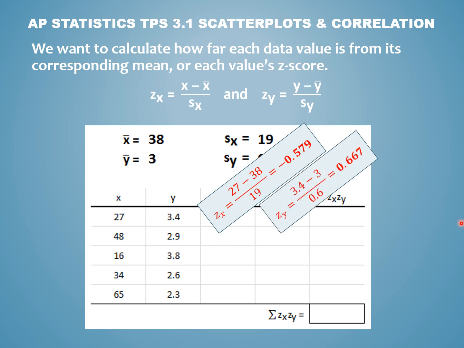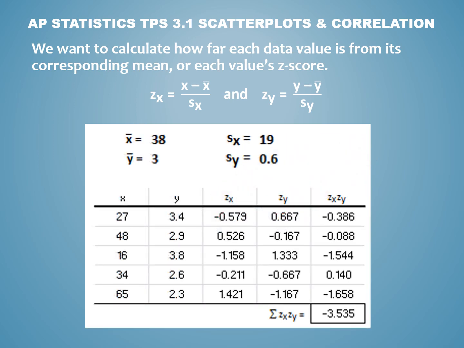And then we do the same thing for the Y, the z-score for 3.4. Where is it in the distribution of other Y values? So that's what a z-score does. It tells us where it is. So notice that our z-score for the X is negative because it is below the X bar. This point's Y value, 3.4, is above the Y bar, so it is positive. So the resulting product, when we multiply across and get the product of the z's, is going to be negative.